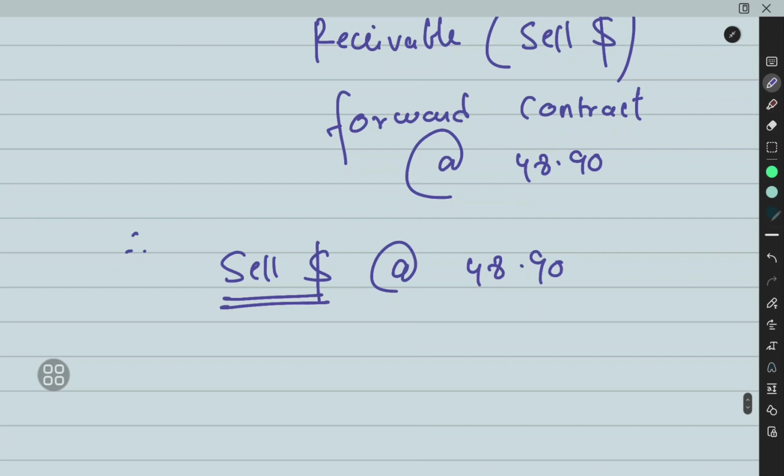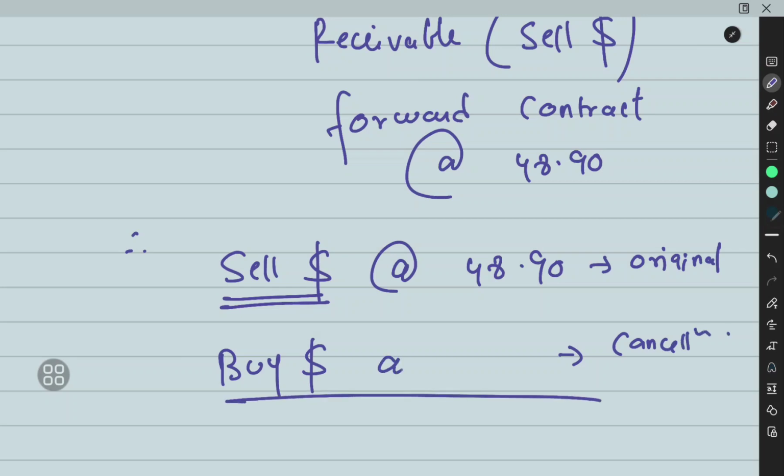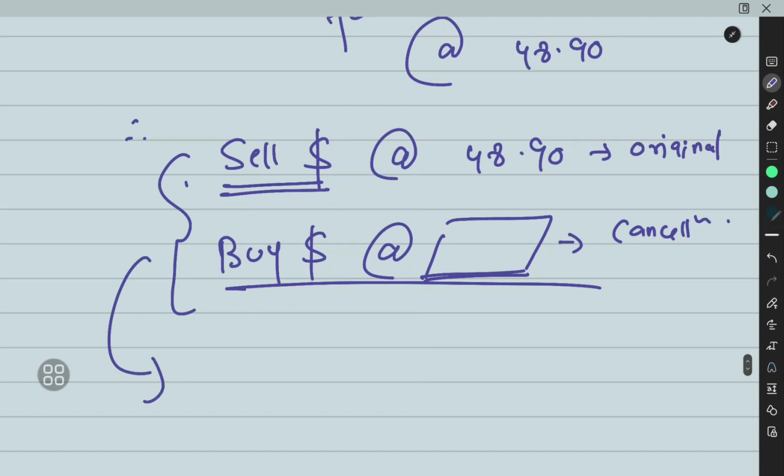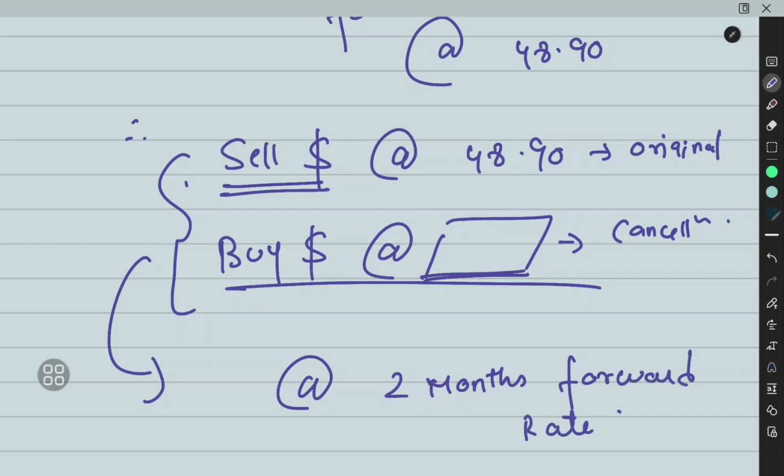Now in order to cancel, you take the opposite position, right? So buy dollar, this is the original and this is the cancellation part. Buy dollar at what? Now the issue is the rate. I will cancel, and this is all happening at the 2 month time, at the 2 month forward rate, because the receivable is at 2 months and we had booked the forward contract of 2 month time period.